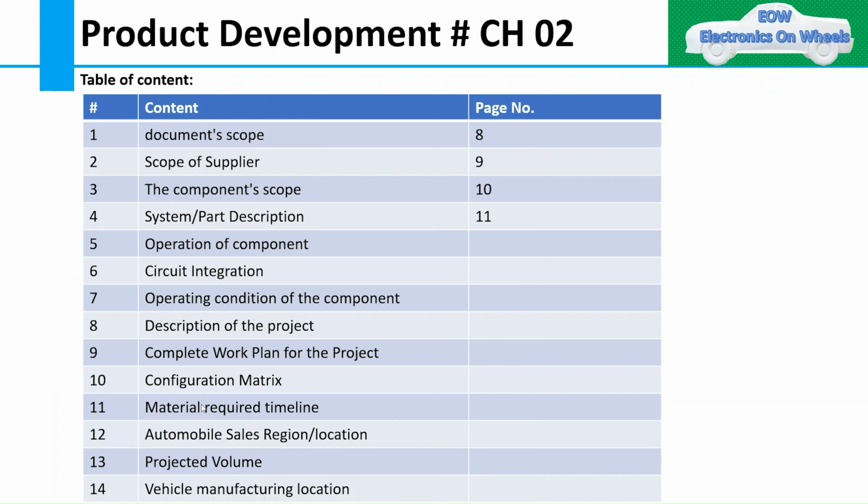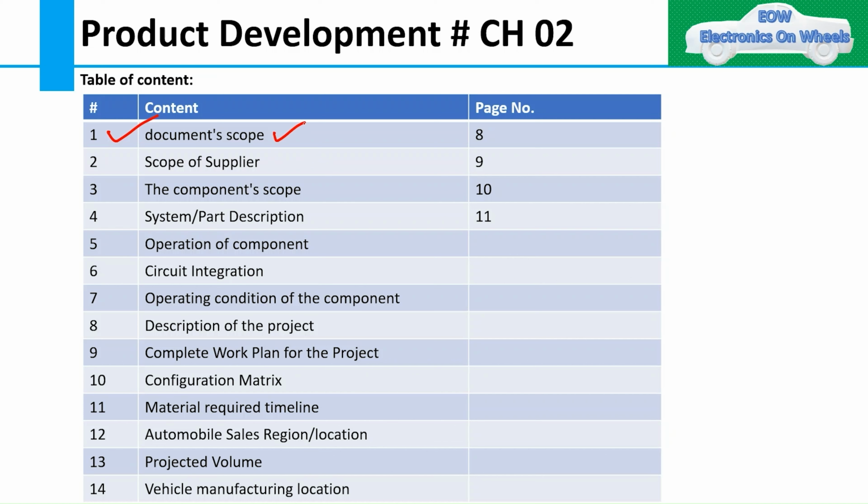Now we will go to the table of contents, which is the content going to be covered in this document. Starting with the first point, that is the document scope. What is the scope of this document?